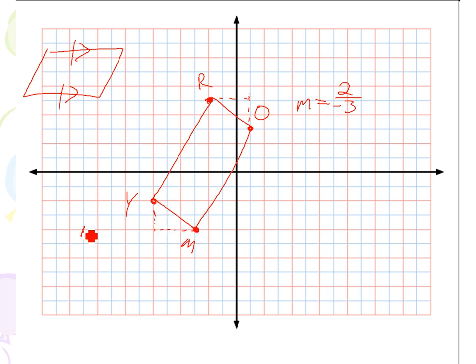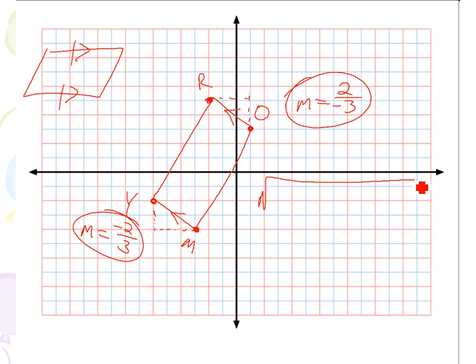Y to M, how much did I go down? -2. How much did I go over? What's that tell us about those two? They're the same, so we know that those two are parallel to each other. Now what we're going to do is use the distance formula to find the length of each one. All right? So let's do this one first.